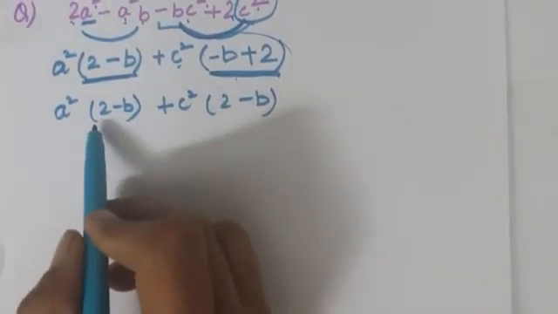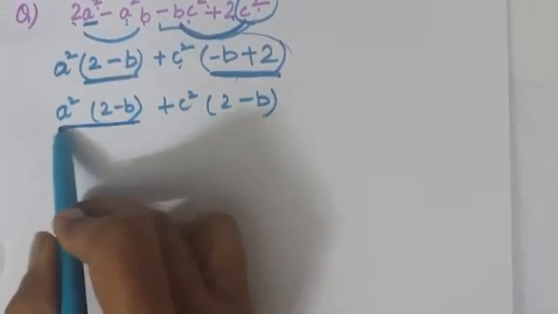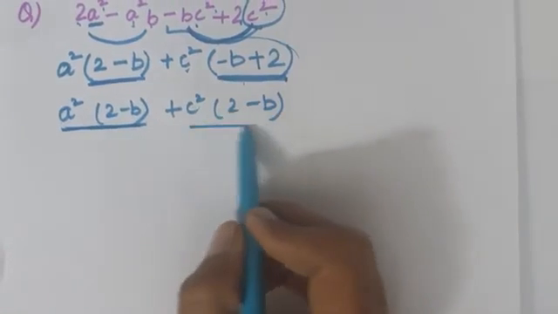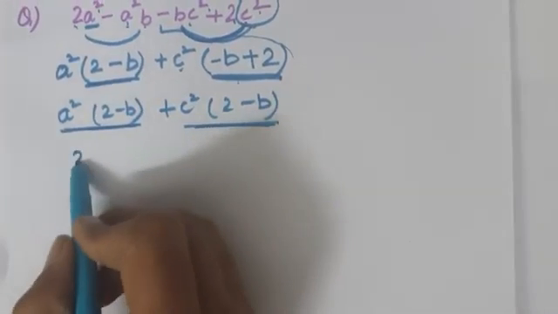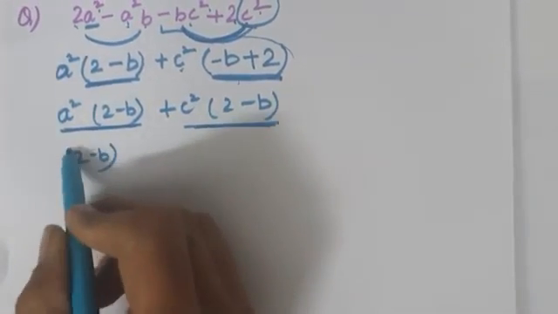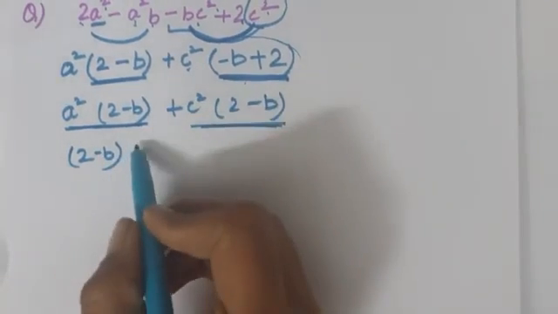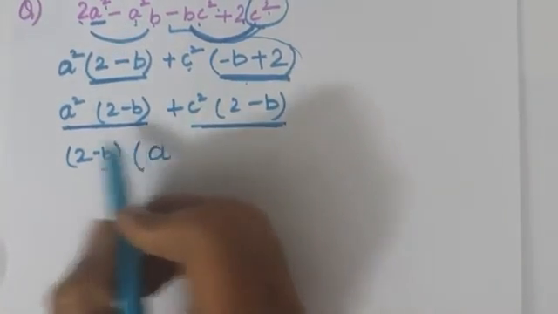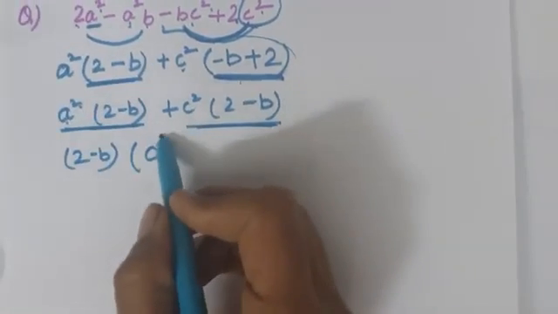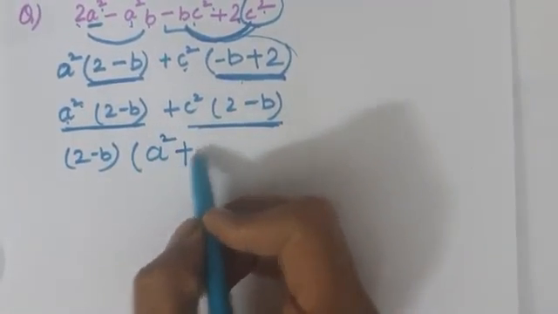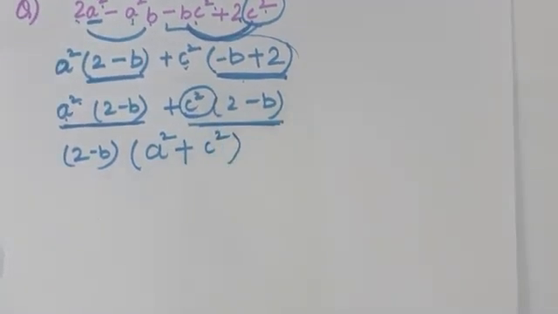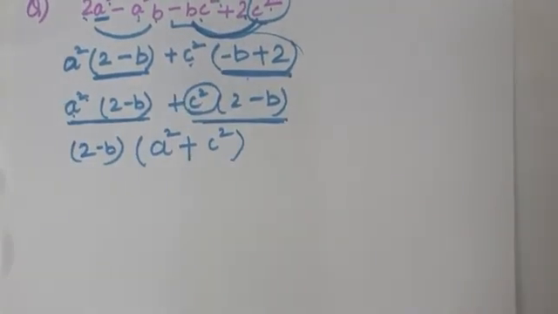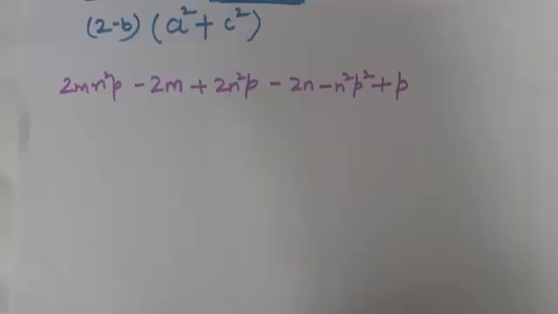So now the 2 minus b bracket is here and the 2 minus b bracket is here also. So 2 minus b is common. So what is left? a square plus c square. So this is your final answer.